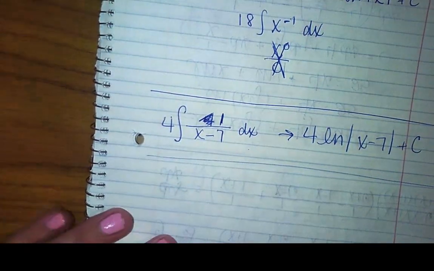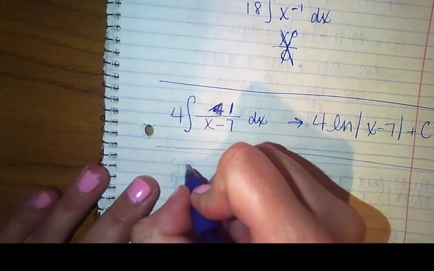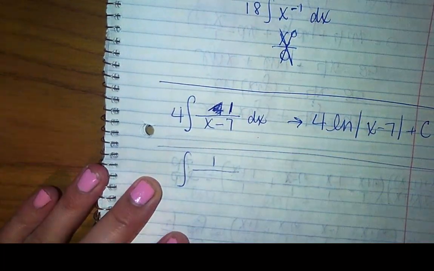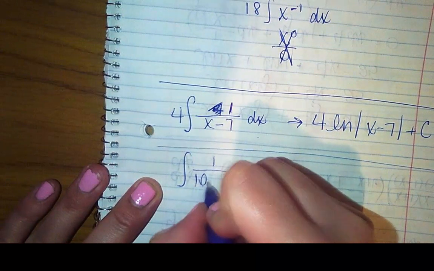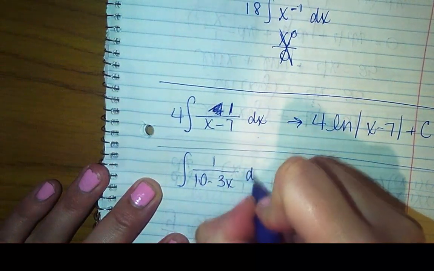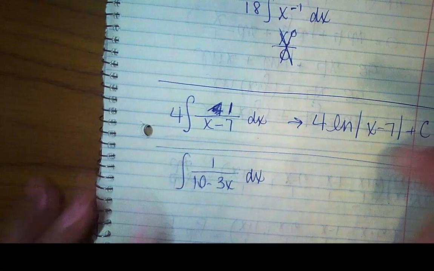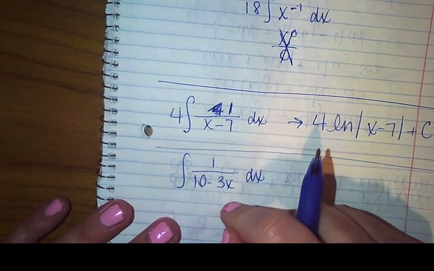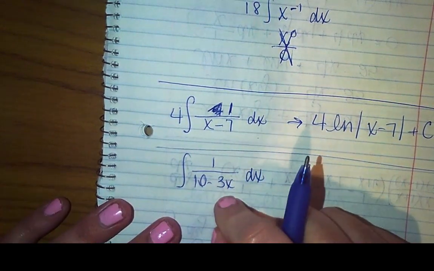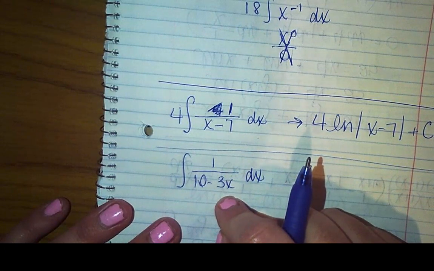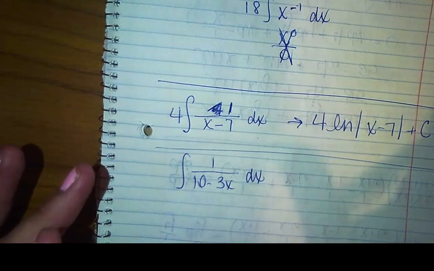All right, so the next one. We've got 1 over 10 minus 3x dx. Okay, so my first question is, is the derivative of the bottom in the top? The derivative of the bottom is negative 3. I can make that. I can always balance with constants.